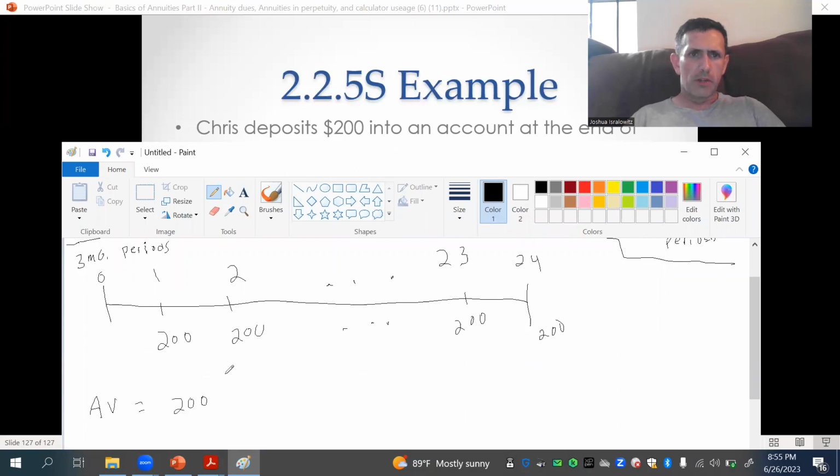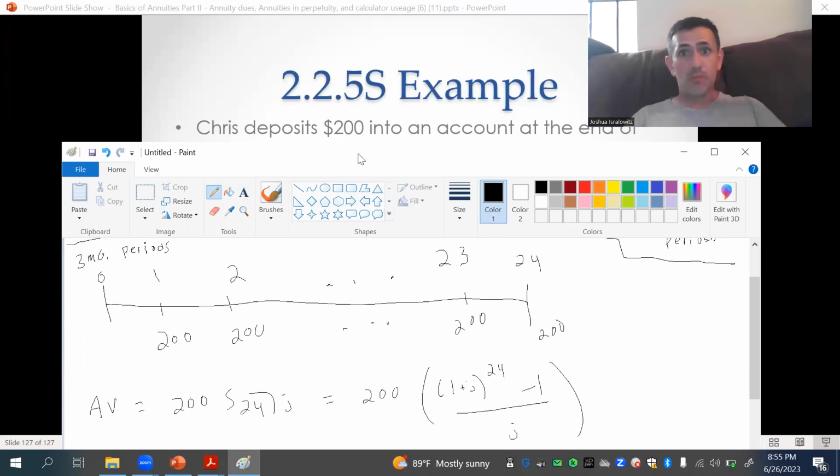So just plugging into our formula, it's 200 S24J, which is 200 times 1 plus J to the 24 minus 1 over J. Now this amount is 4 times the accumulated amount at the end of 3 years.